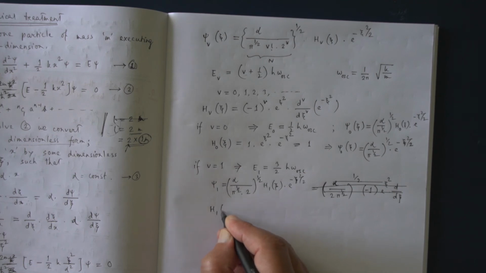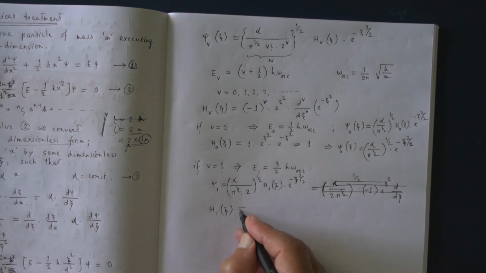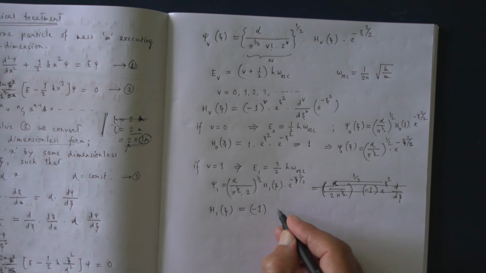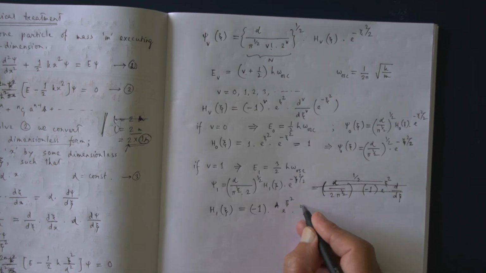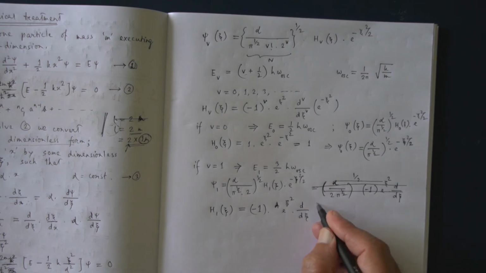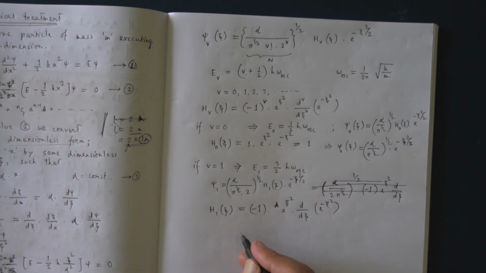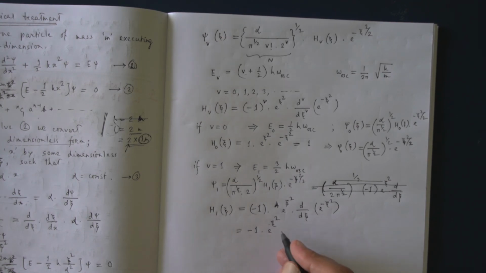H1 xi equal to minus 1 d minus 1 e to the power xi square, d xi, e to the power minus xi square, minus 1 e to the power xi square.